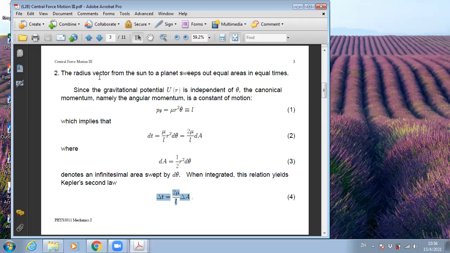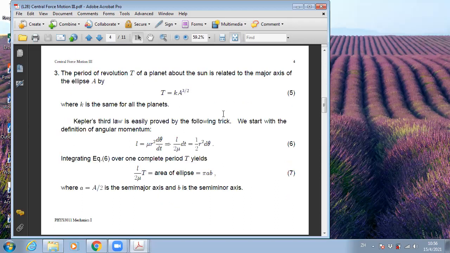All right, so the radius vector from the sun to a planet sweeps out equal areas in equal time. All right. Now the third law, the period of revolution of a planet about the sun is related to the major axis of the ellipse according to equation 5.